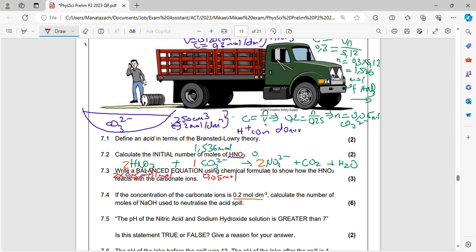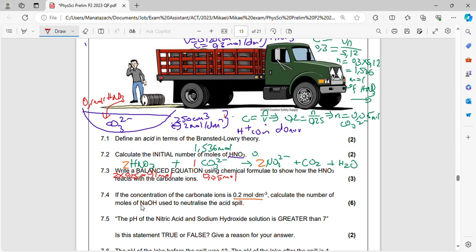So that was the excess that spilled into the lake. So it was 0.1 mole of nitric acid. Now that's not what you're supposed to calculate. You're supposed to calculate the ones that reacted.